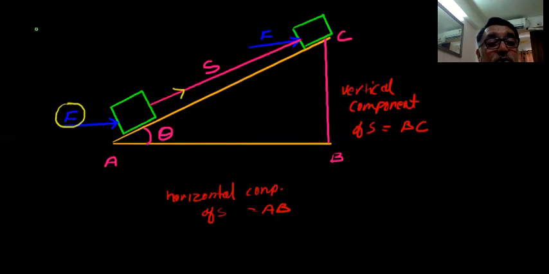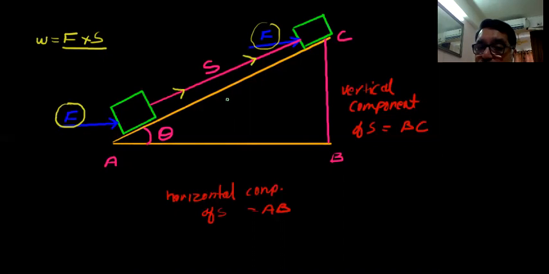So we cannot use our formula W equals F multiplied by S, because in order to use this formula, the direction of the force and the direction of the displacement have to be exactly same. But in this case, they are different.